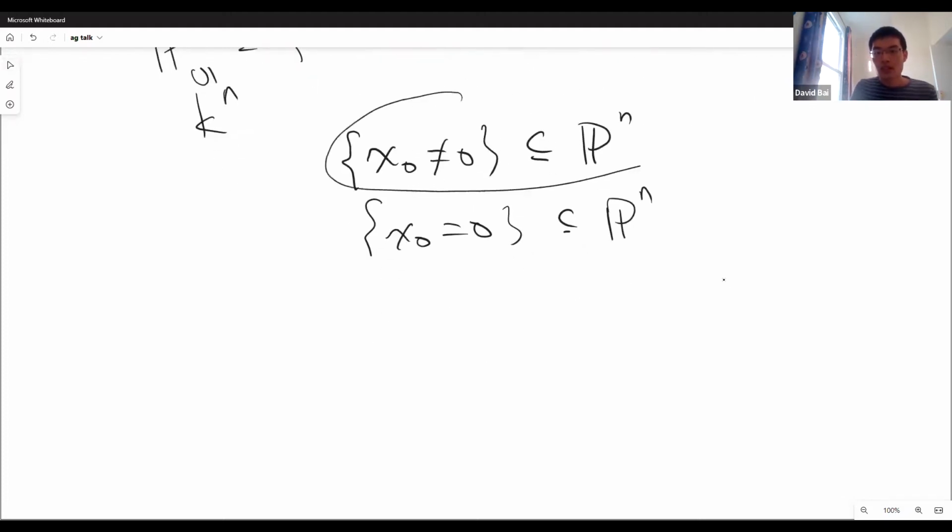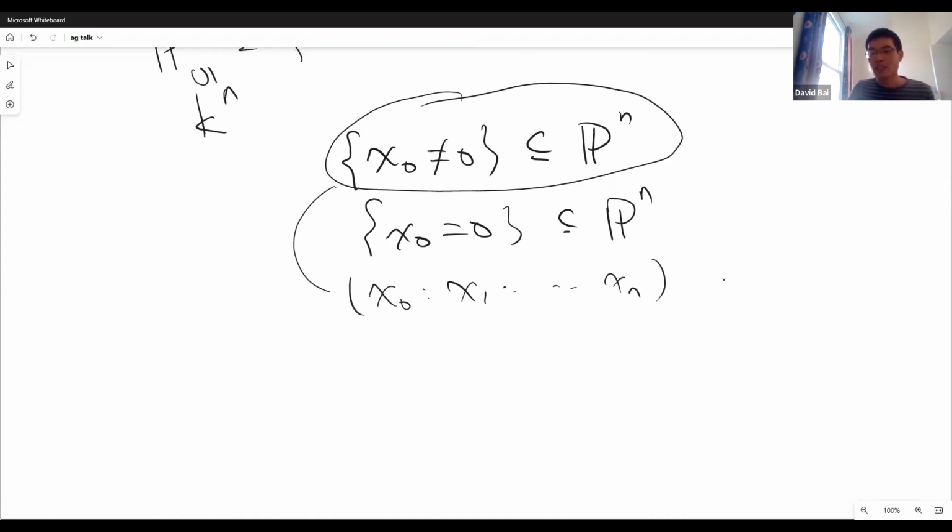Now, how do the coordinates in this set work? A point in this can be represented by x0, x1 until xn, where x0 is non-zero. But since x0 is non-zero, I can multiply by some scalar to make x0 equal to 1. I'll write y1 until yn.